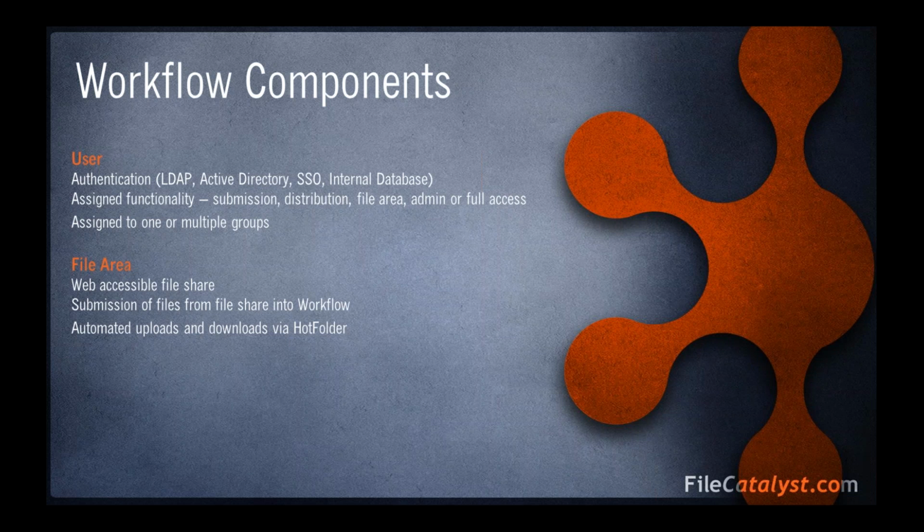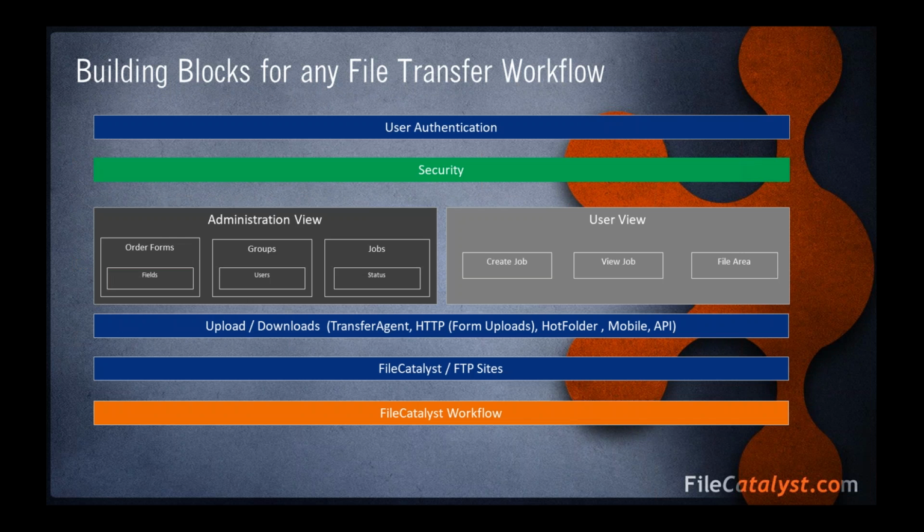File areas are web accessible shared folders that you can submit files to either via the web browser or hot folder or the mobile apps. So building blocks, this gives you an idea what happens. You have the user authentication at first with the security level enabled. Users could be either broken into administration type of users that look at jobs and administer the stuff, or users that can create jobs or access file areas.